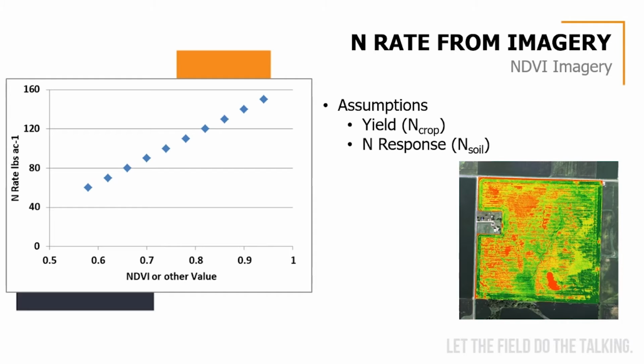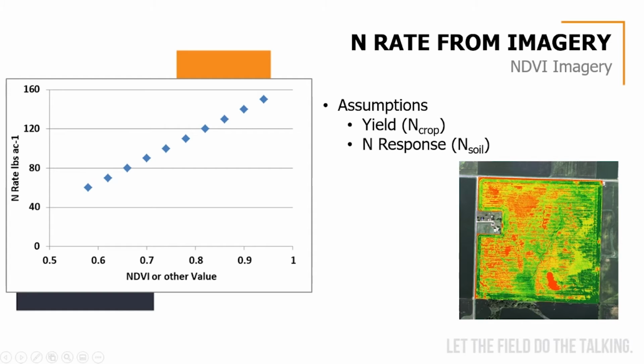So now that we've discussed how nitrogen rate is being calculated and what those components are, we're really going to dig into how imagery is commonly being used with nitrogen recommendations today. With imagery, we are assuming yield, which is typically yield goal based, and even a nitrogen response.